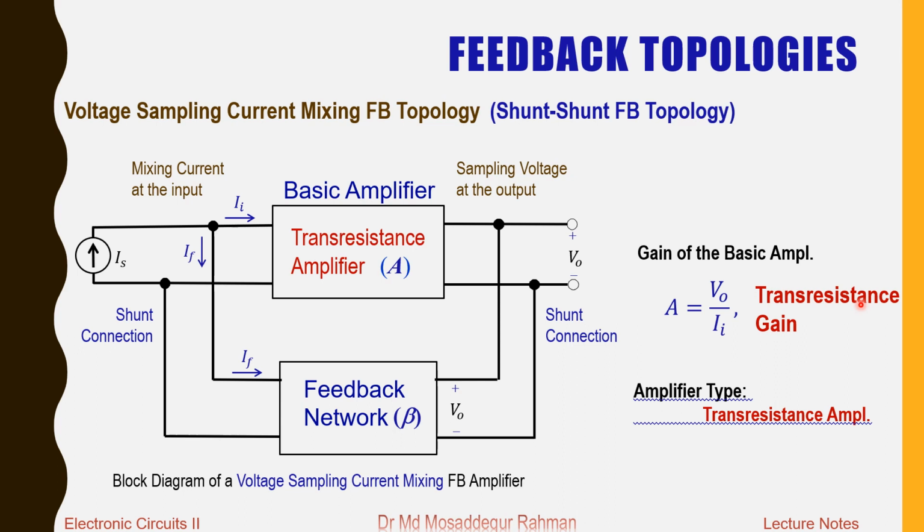Trans stands for transferred, the resistance that is transferred from the input side to the output side. II is the input current, V naught is the output voltage. So it is a kind of resistance transferred from the input to the output side, called transresistance gain, and the amplifier type is known as the transresistance amplifier.